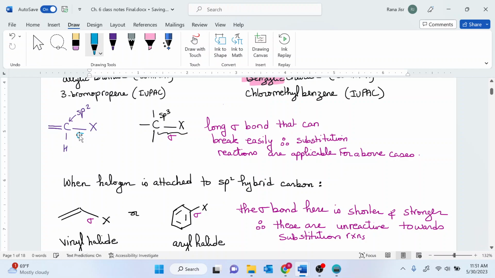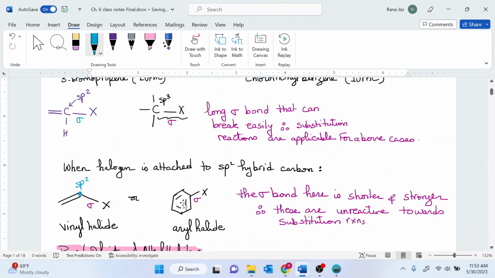We know that the sigma bond directly attached to the sp2 hybrid carbon is shorter than the sigma bond attached to the sp3 hybrid carbon. Also, the sigma bond attached to the sp3 hybrid carbon is a longer and weaker bond, so this bond over here is easier to break than this bond.